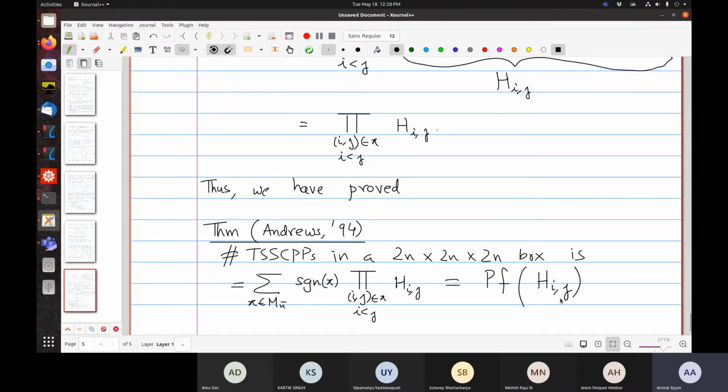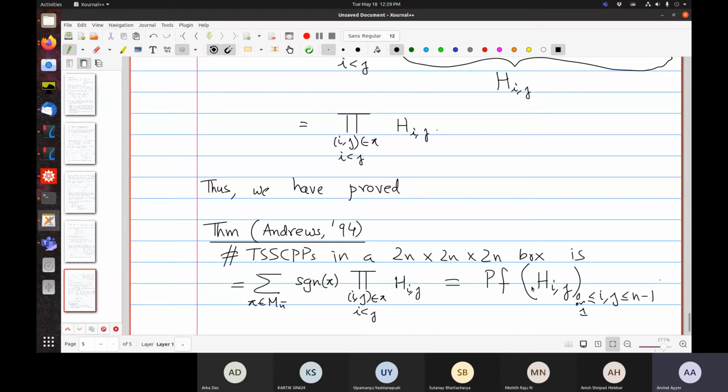This is just the definition of the Pfaffian, with ij going up to n minus 1, either 0 or 1 less than or equal to this, depending on whether n is odd. Okay.